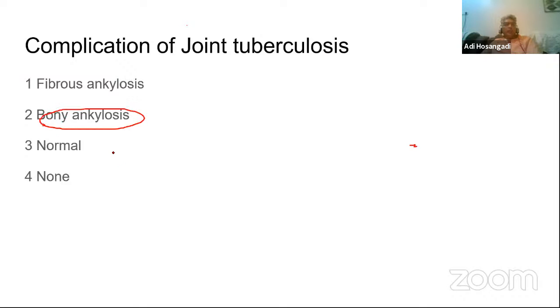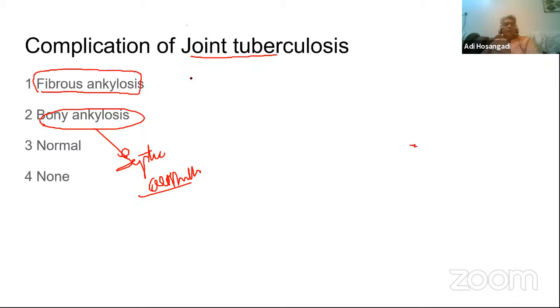Bony ankylosis is a sequel of septic arthritis. Please remember this. Don't get confused at all. The complication of joint tuberculosis is fibrous ankylosis. An important thing about fibrous ankylosis is that it is painful. Some movements are present.